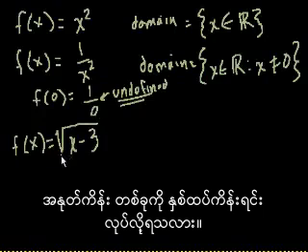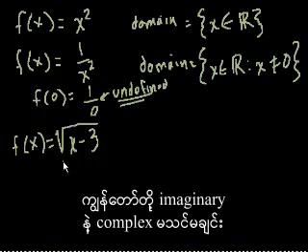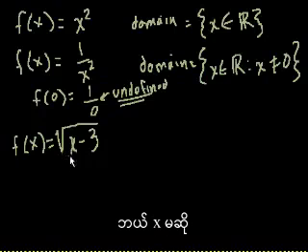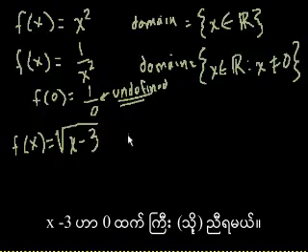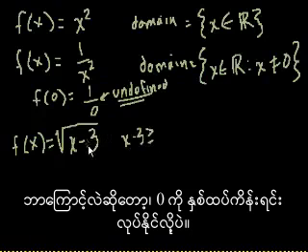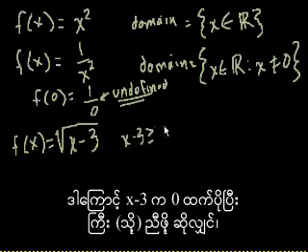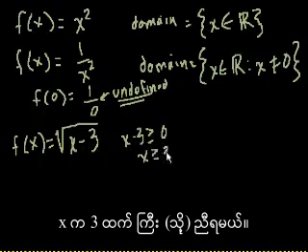Can we take a square root of a negative number? Well, until we learn about imaginary and complex numbers, we can't. So any x is valid here except for the x's that make the expression under the radical sign negative. So x minus 3 has to be greater than or equal to 0, right? Because you could have the square root of 0. That's fine, it's just 0. So x has to be greater than or equal to 3.